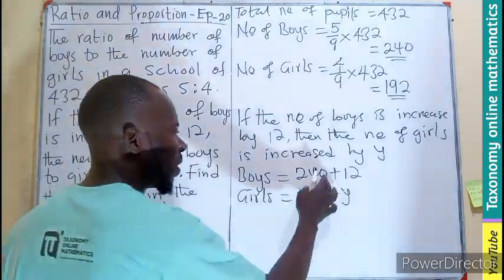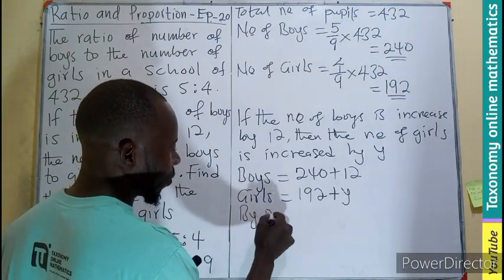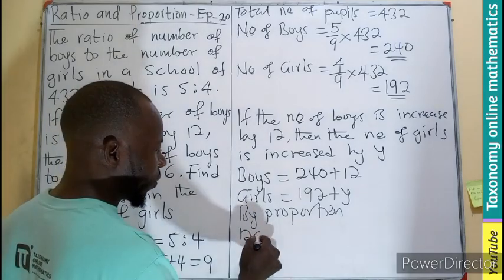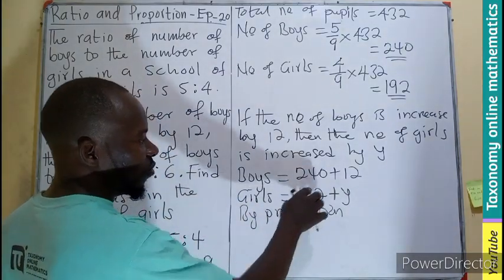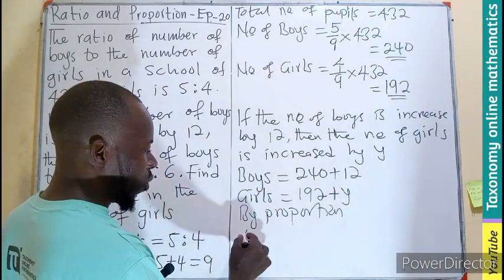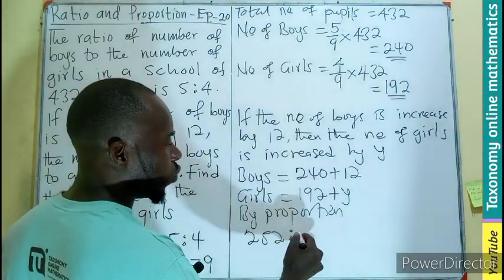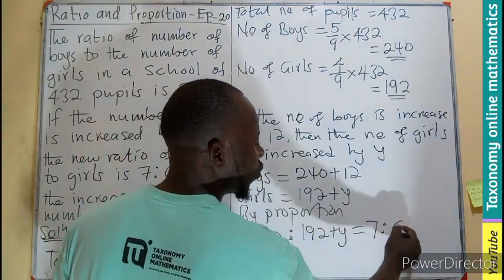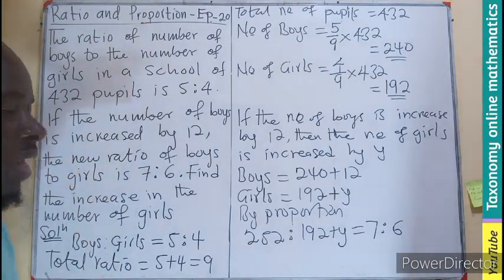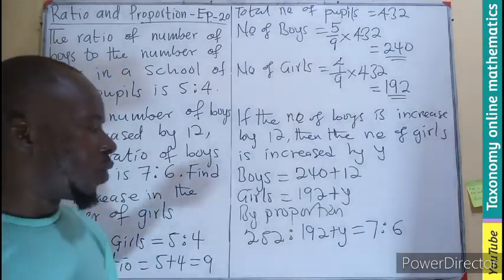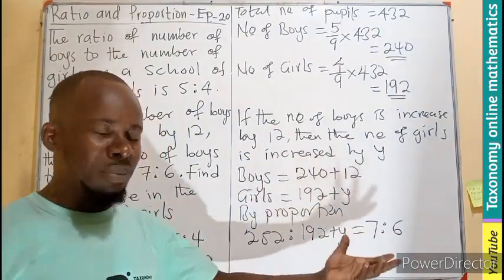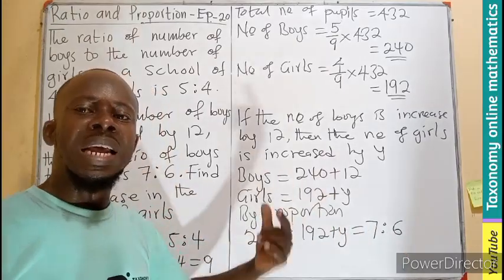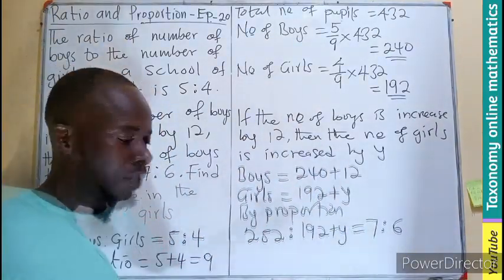So by proportion, 12 plus 240 will be 252 is to 192 plus y equals 7 is to 6. By proportion, the number of students will be equal to their ratio since it's the same thing. So now we can write this as a fraction and this as a fraction and find their cross product being the same.